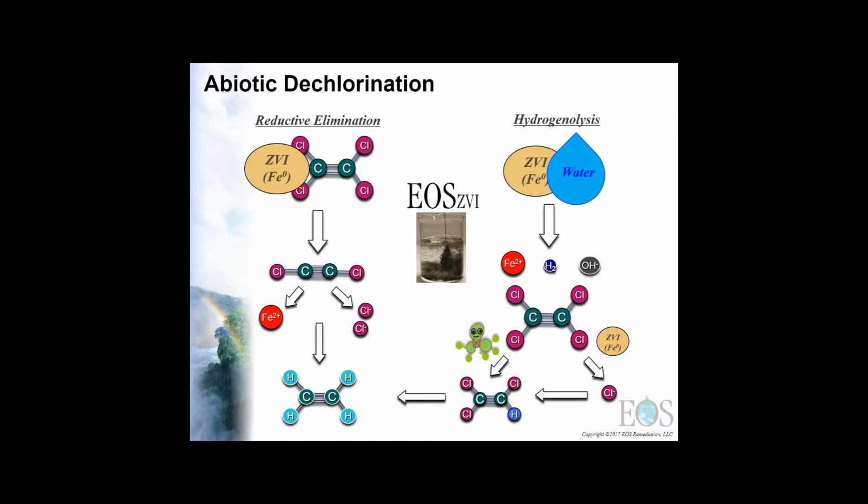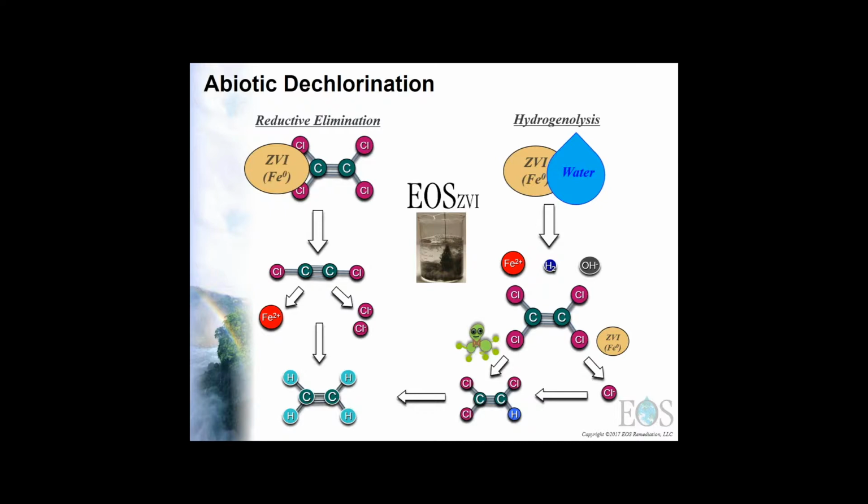Simultaneously, the zero valent iron can come into contact with the contaminant, and through hydrogenolysis will remove one chlorine at a time, very similar to the traditional reductive dechlorination process. I point this out because folks seem to be combining these technologies quite frequently these days, and so there's a lot that can be going on when you introduce something like a zero valent iron with an emulsified oil.